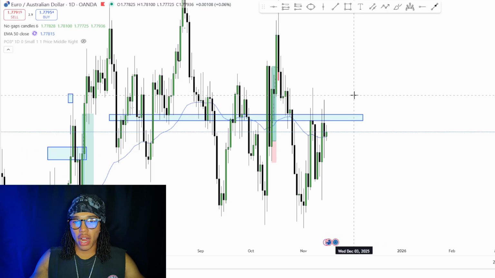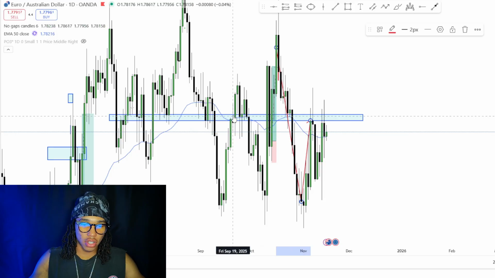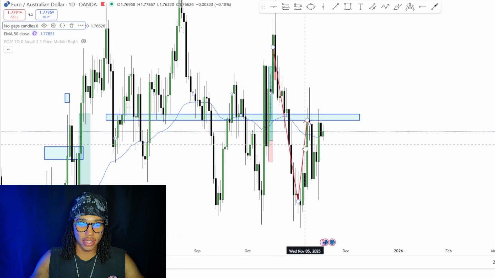Now, one of the most powerful concepts that I use very often is what I like to call the break and retest. It's when price breaks through, because as you guys can see, we're above the area of interest. When price breaks through an area of interest and then comes back and uses it as resistance. So now what was used as support before, we now come back to the area and we use it as resistance.